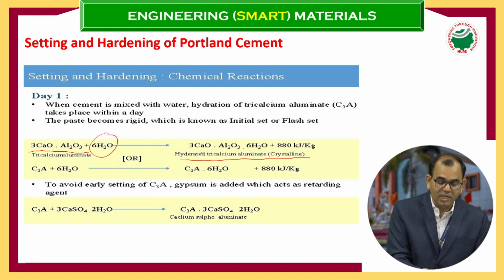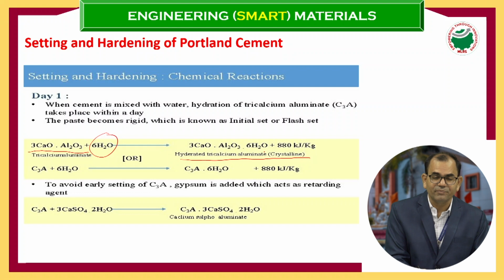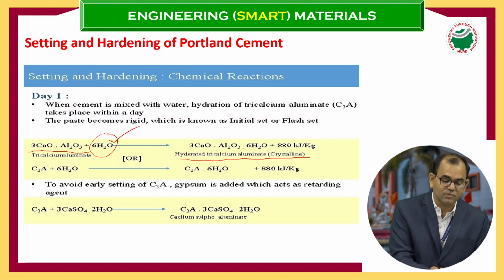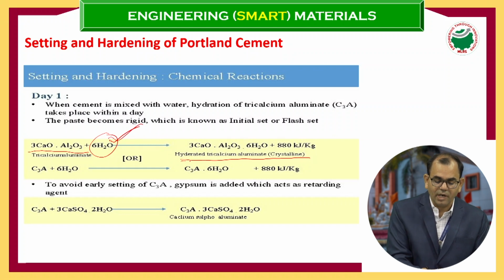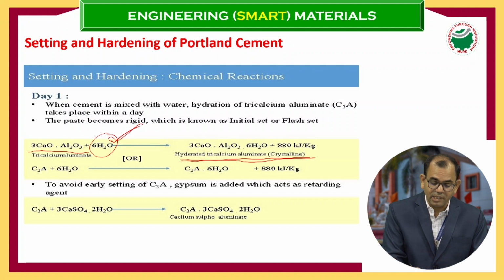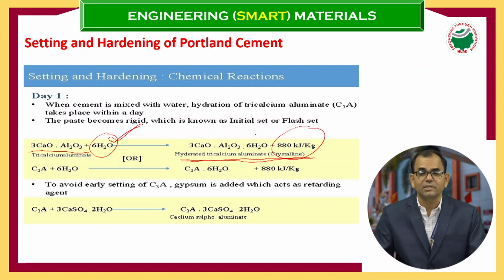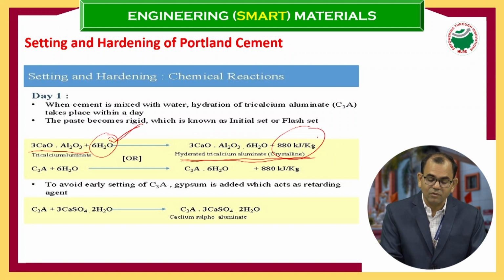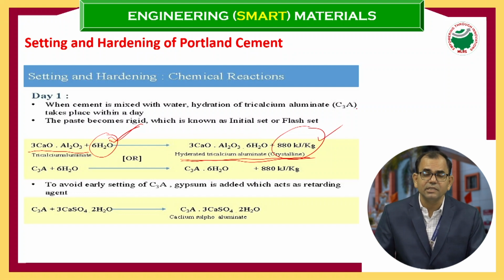You can see here 3CaO Al2O3 6H2O. Tricalcium aluminate with the help of water, 6 moles of water, is converted into hydrated tricalcium aluminate concrete, followed by the release of this much energy, 880 kilojoules per kg energy is released. Why? Because it is an exothermic reaction. So the first reaction is clear.